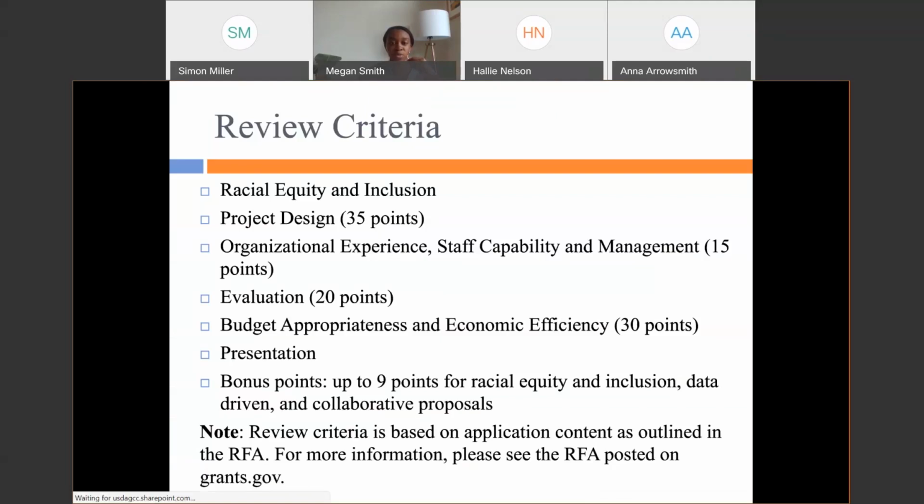Incomplete or late proposals will not be considered. The review criteria discussed in this webinar is based on the application content that is outlined in the RFA. For more information, please see the RFA posted on grants.gov. The review panel will evaluate each grant application based on how well it addresses each of the following evaluation criteria.